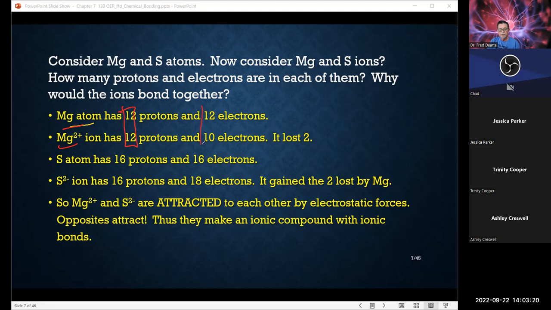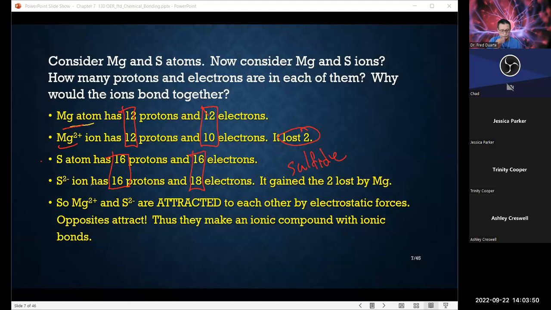Where they differ is in the number of electrons because the ion has lost 2. Sulfur and the sulfur ion, okay, they have 16 protons. Where they differ is in the number of electrons. Also, the ion's name changes, it becomes sulfide. So we went from sulfur to sulfide.